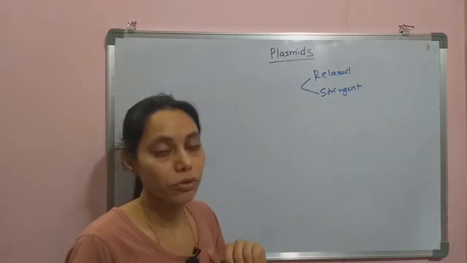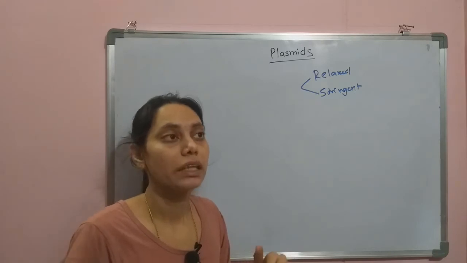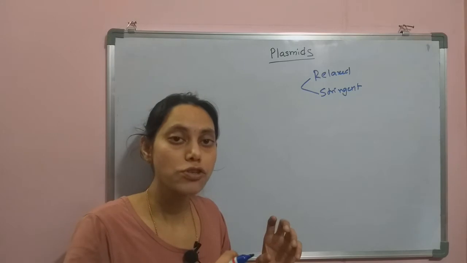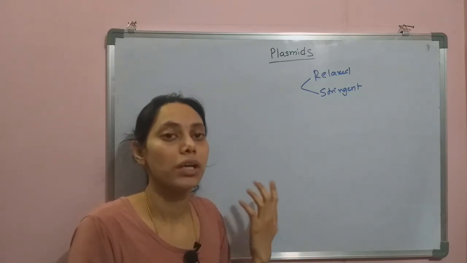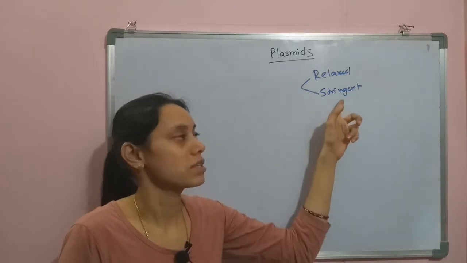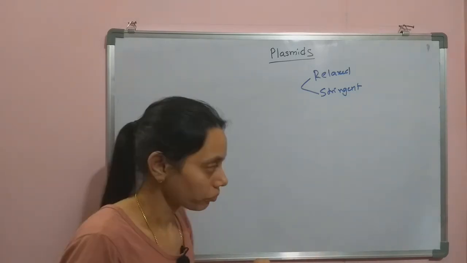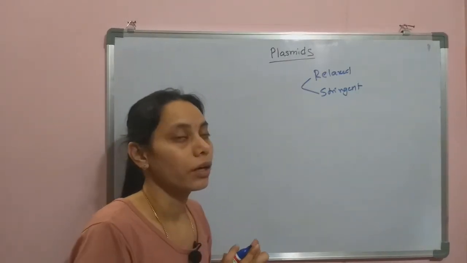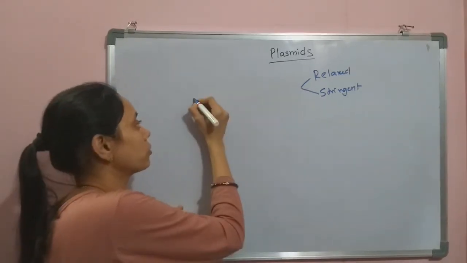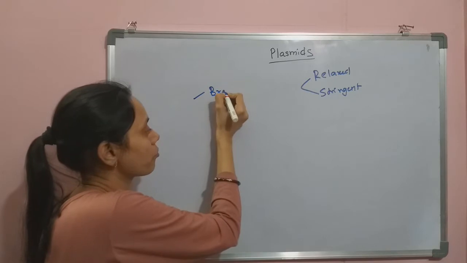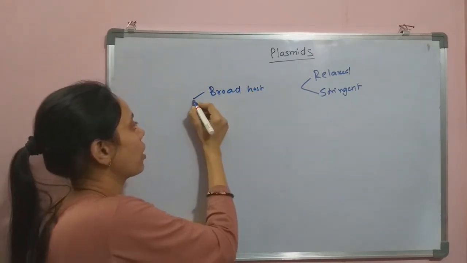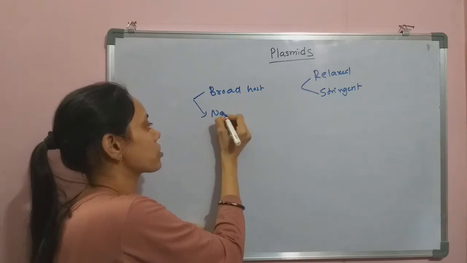If the plasmid does not have the ability to produce its replication initiation factors, but needs to depend on the main chromosome or host bacteria, then that is considered a stringent plasmid. Based on the host range, we can also divide the plasmids into broad host range and narrow host range.